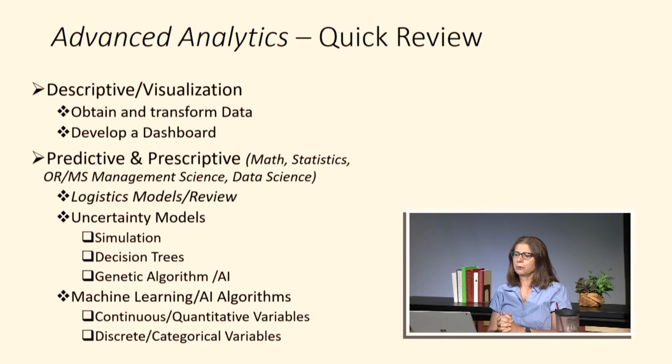And so we will use three of its add-ins, and we'll see that when we're covering the uncertainty models. Then we go to machine learning, some deep learning, and those are very important in data science, in artificial intelligence.